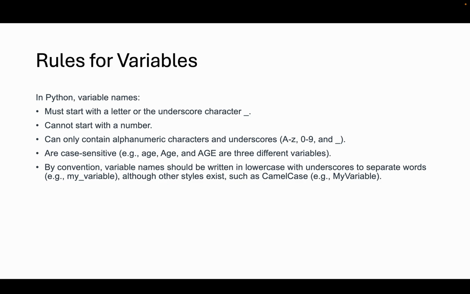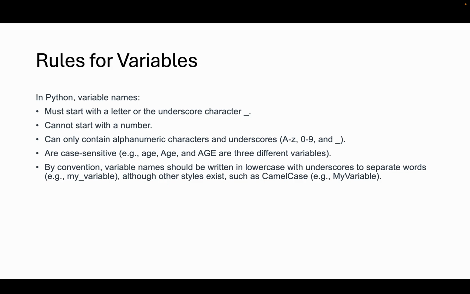And if you are writing a variable using different words, like for example, my variable, just separate the different words of the variable with an underscore. It increases the readability when somebody is reading your code, and also for yourself after a couple of days. There are also some other kinds of writing variable names.